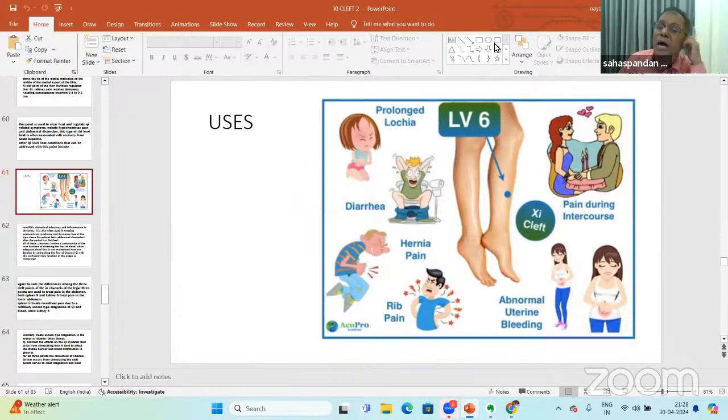This is the fibula, the posterior border of the fibula, and GB35 is 7 cun directly above the tip of the lateral malleolus.